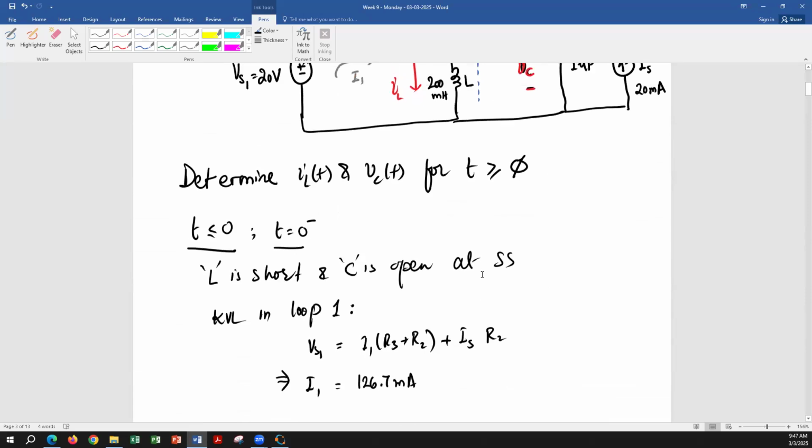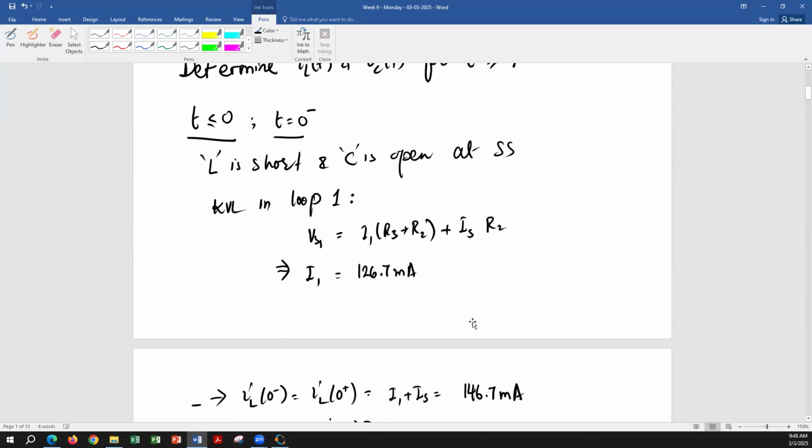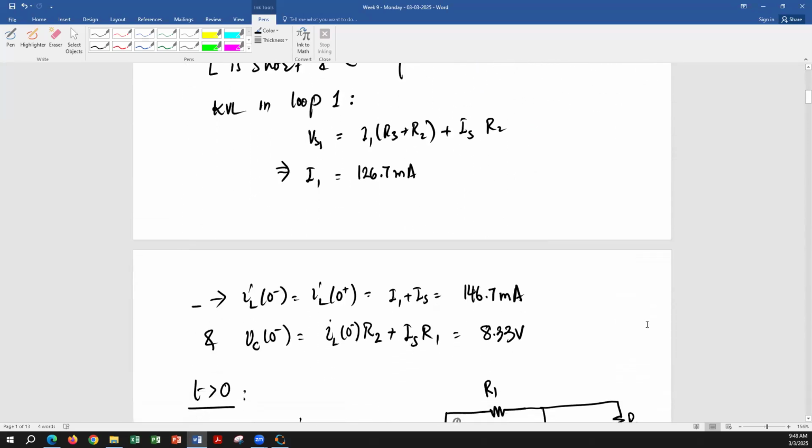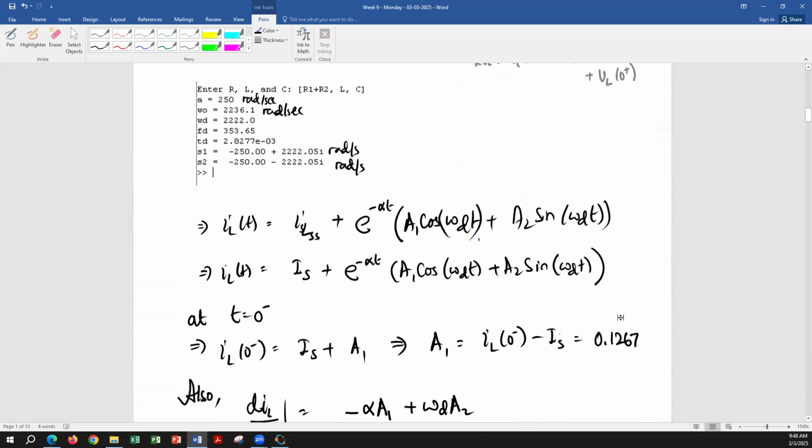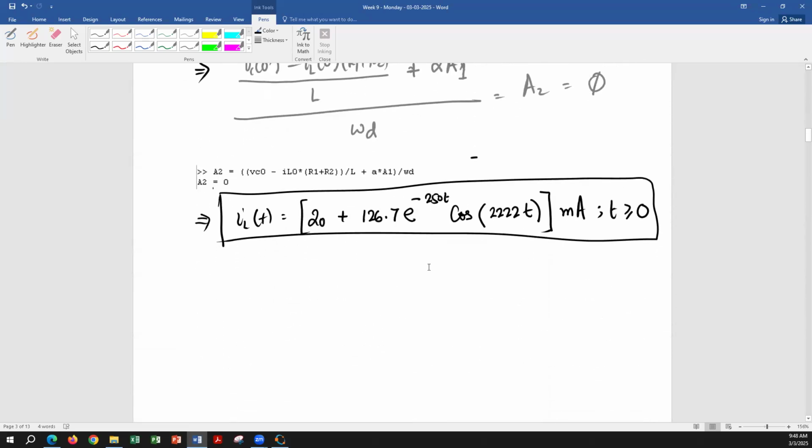Initial value of inductor current is 146.7 milliampere, and final value is 20 milliampere. When the second term dies down because of the exponential function, you will be left with the steady state value of the inductor current, which is the source value, 20 milliamp.